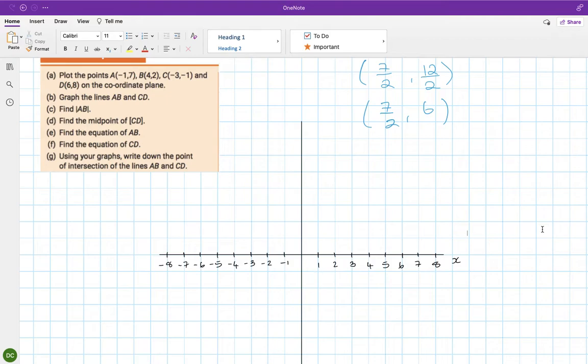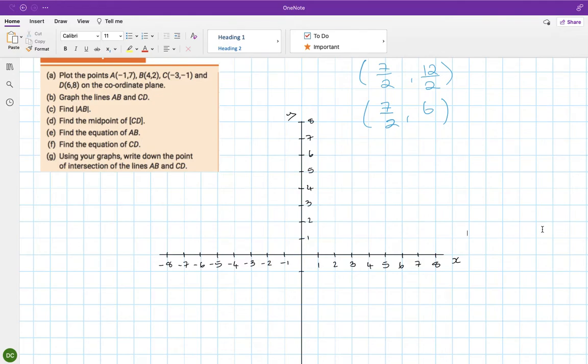And then the positive side of the y-axis, 1, 2, 3, 4, 5, 6, 7, and 8. So that's my y.